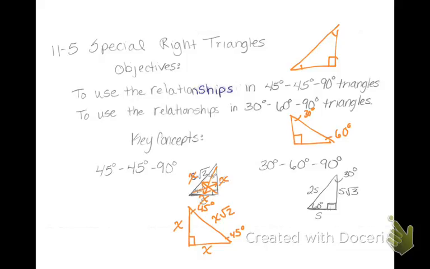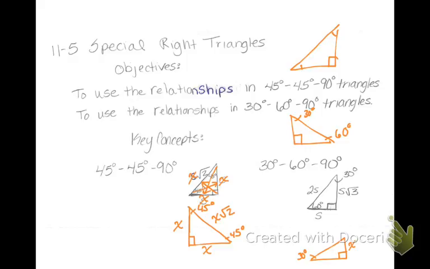For a 30, 60, 90 triangle, you have 3 different sides. So I'm going to rewrite it, make a bigger picture. You have 30. I'm going to draw it a little bit more up to scale. There we go. The side opposite your 30 degrees will always be x.